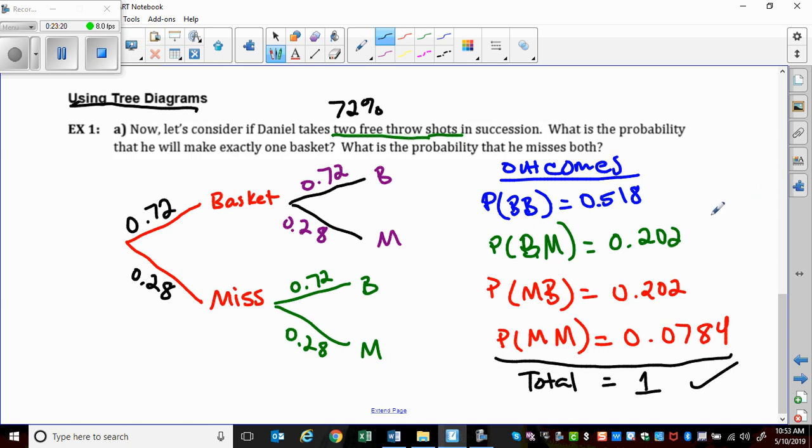So if you add up the probability that he makes a basket and then misses, or misses and then makes a basket, that's exactly one basket. These two will both give us exactly one basket. So this is the probability of exactly one basket, and this is 0.404 if we add them up.